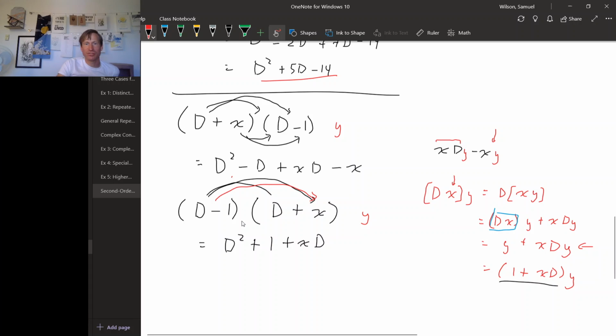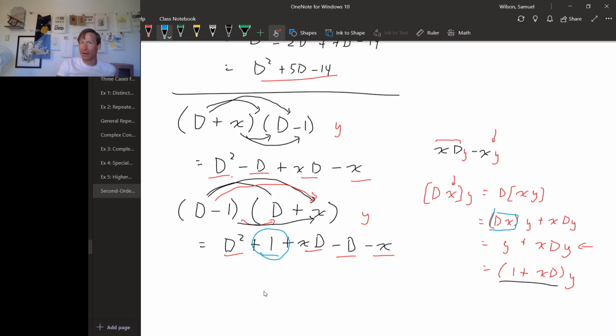Okay, now we can finish distributing. Minus 1 times D, that's just minus D, and then minus 1 times the operator x is minus x. Now if you compare these two, they both have D squared, they both have a minus D, they both have an xD, they both have a minus x, but the second one has this extra plus 1.